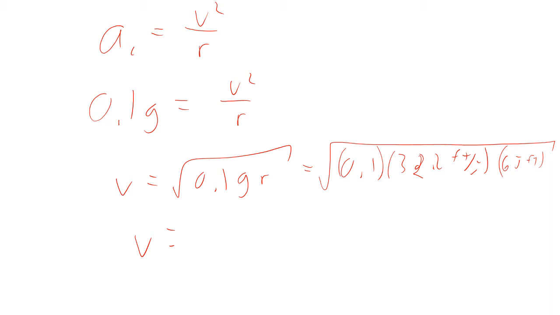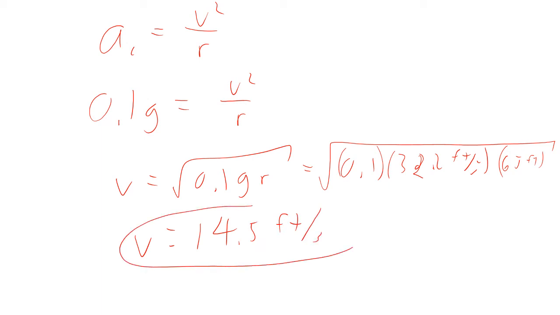Again, we want to make sure that we're matching units. That's why I'm doing so many of these British imperial unit problems, to make you remember g is not always 9.81. g is what it needs to be to make the units work out right. So in this case, this turns out to be 14.5 feet per second.